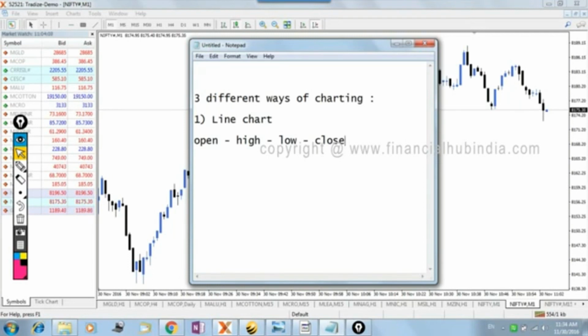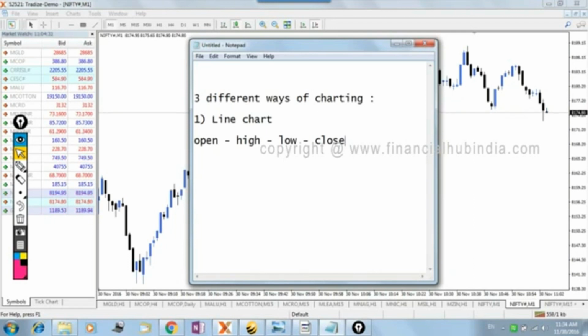If we are talking about a day-to-day basis, then for every particular stock, you will have an opening price for the day, a highest point for the day, a lowest point the stock traveled for the day, and finally by 3:30 where the stock closes.